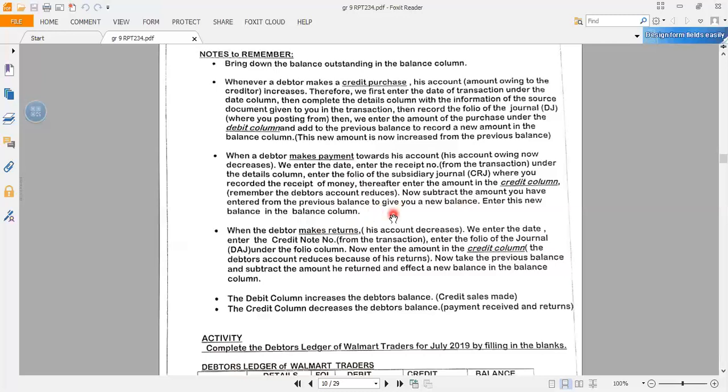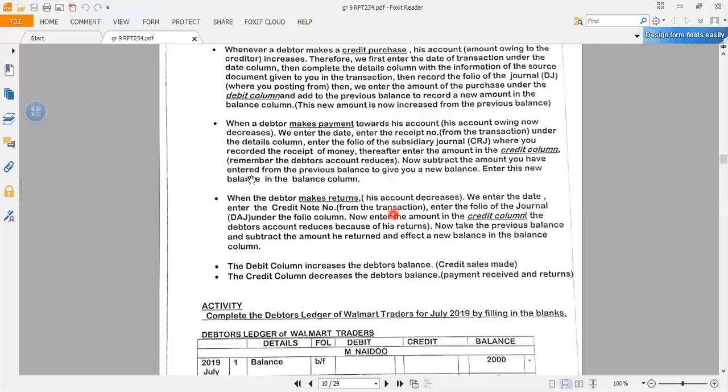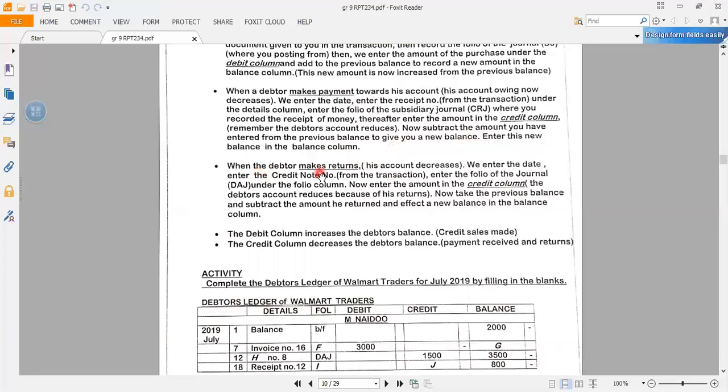Okay. Now, what do we do when a debtor makes a return? Remember, his account also decreases. We enter the date, we enter the credit note number, that's from the transaction. We enter the folio of the journal, that is DAJ under the folio column. Now enter the amount in the credit column. That is, the debtor's account reduces because of his returns.